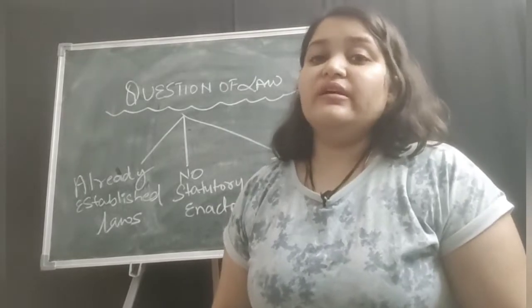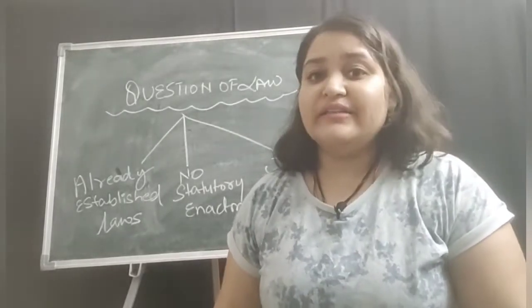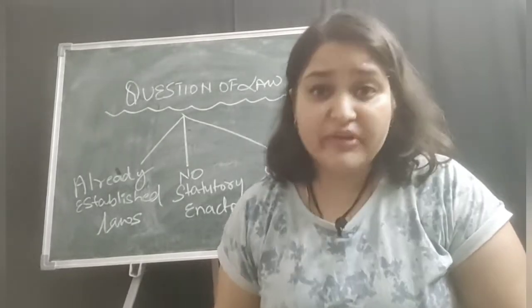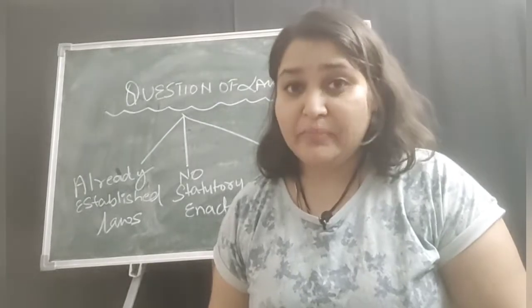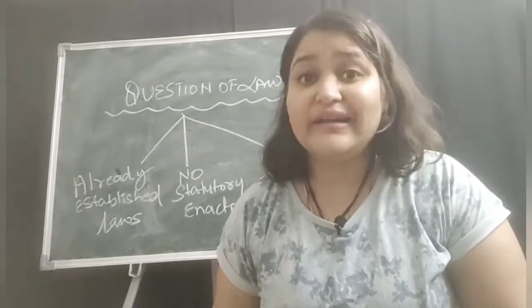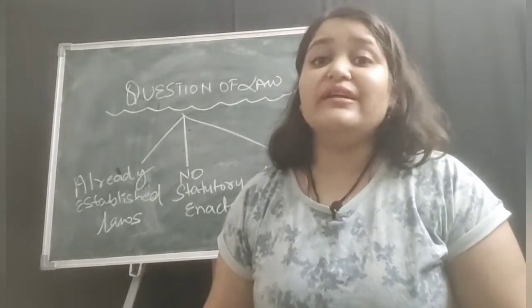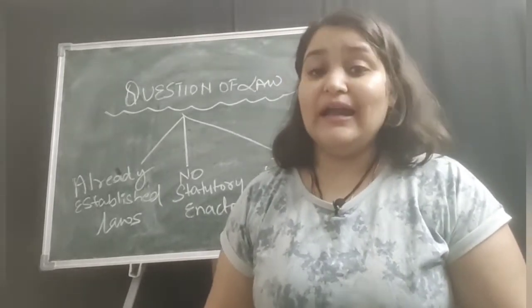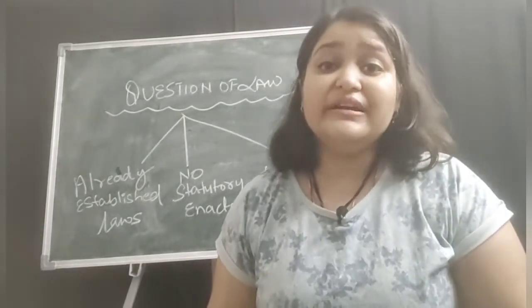Let's suppose a child under the age of 7 has committed an offence. Now, under section 82 of the Indian Penal Code, it has been said that if any child under the age of 7 commits an offence, he will not be held liable of that offence. He will not be considered guilty.